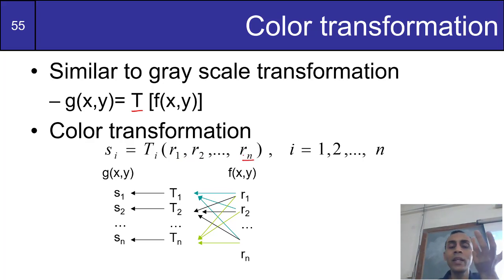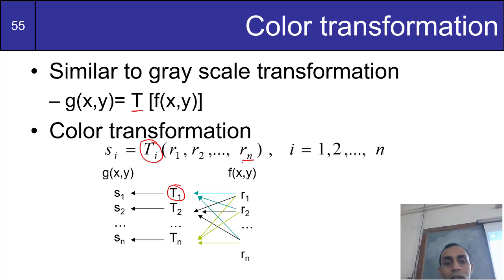Normally there are 3, but there are some other color models which have more than 3 components, which have 4 components and so on. So in general we are just denoting it by some n-component vector. So you can have a transformation function which will apply on each component separately. For example, you can have a transformation function T1 which will take all these.